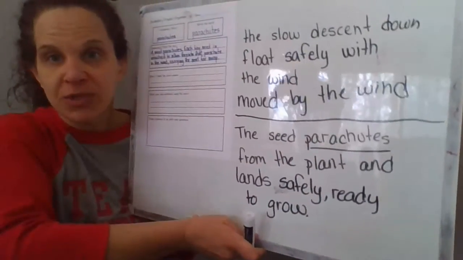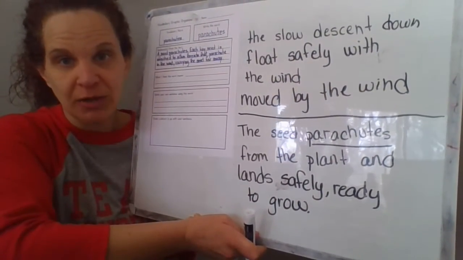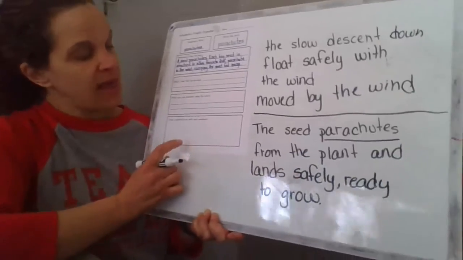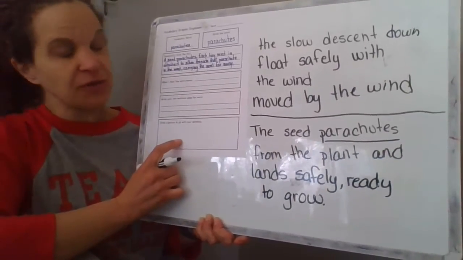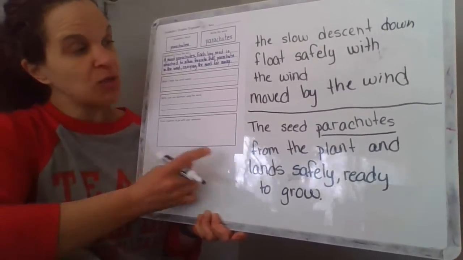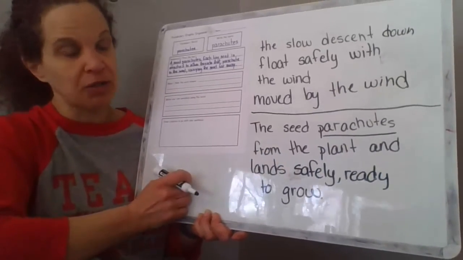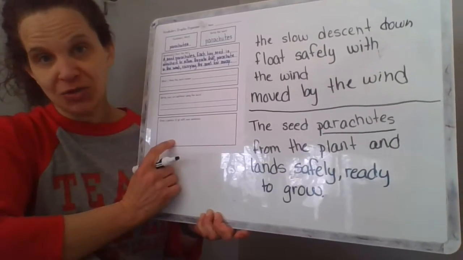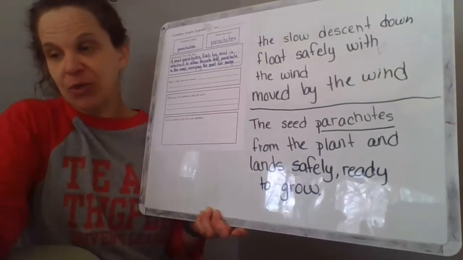Now that's just one possible sentence that I could write using the word parachute or parachutes. And then once you're finished, there's a place for you to work on a drawing to help show what you meant with the word parachutes. Now, I'm not going to actually do the drawing, but that is something you're going to be doing.